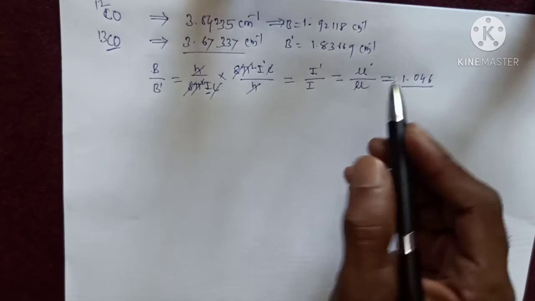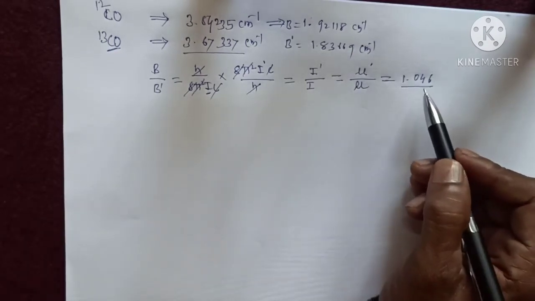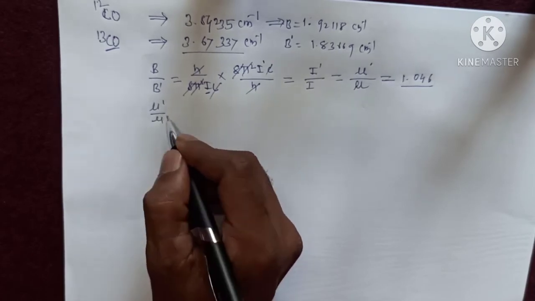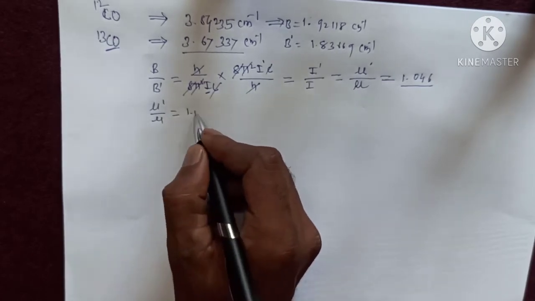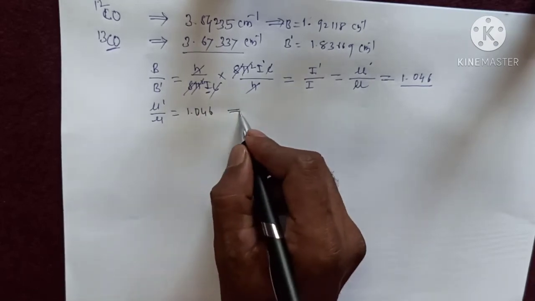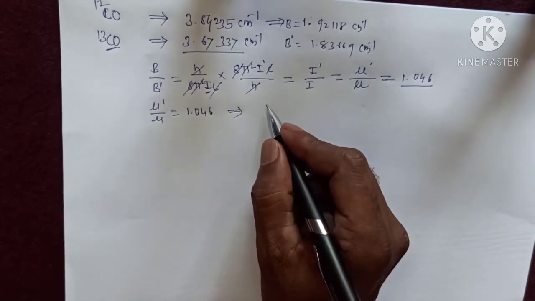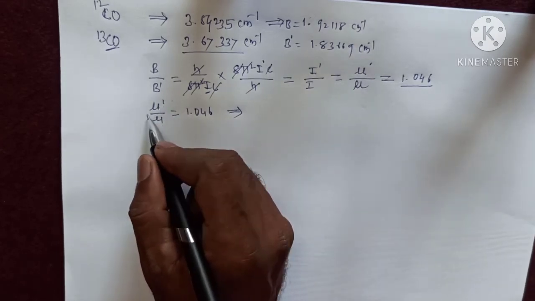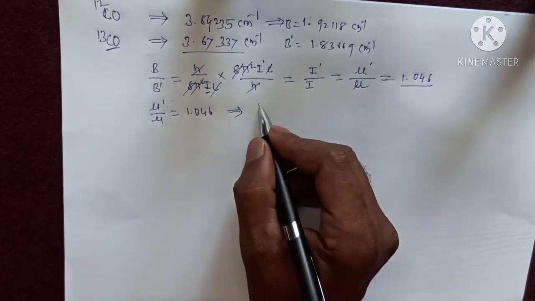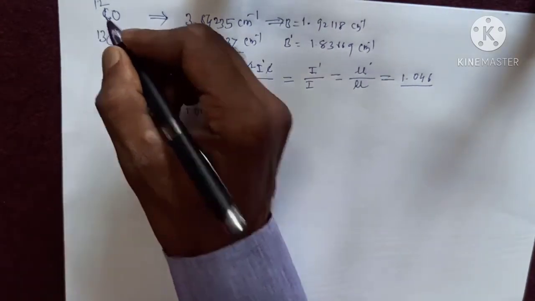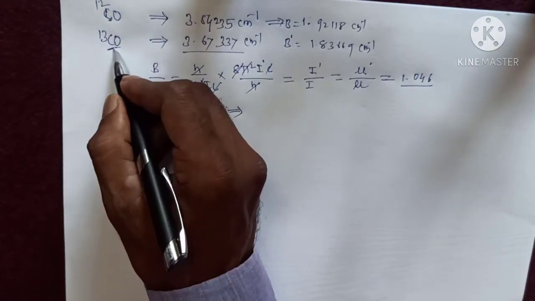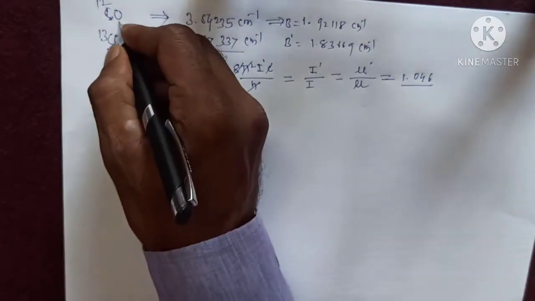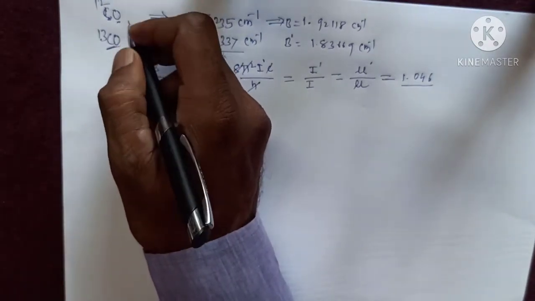That means the mu dash by mu ratio is 1.046, isn't it? Now what is mu dash? That is m1 m2 divided by m1 plus m2. And what is m1? It's the mass of carbon. In the case of mu dash, it is carbon 13. In the case of mu, it is carbon 12. The other mass, oxygen, is constant.